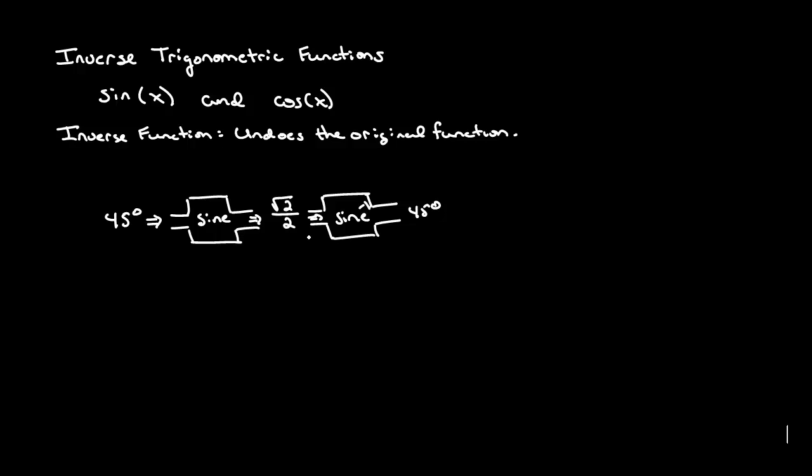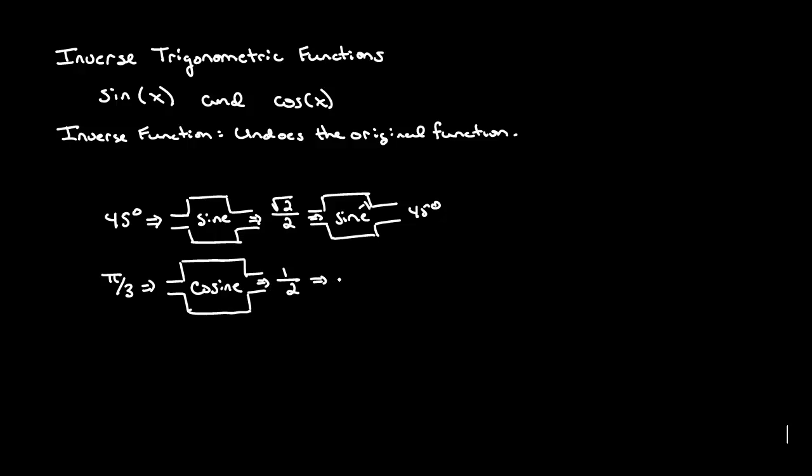We may want to do this with a cosine. For example, we might have pi over 3, and we'll stick it into the cosine function. And so the cosine at pi over 3 will spit out 1/2.